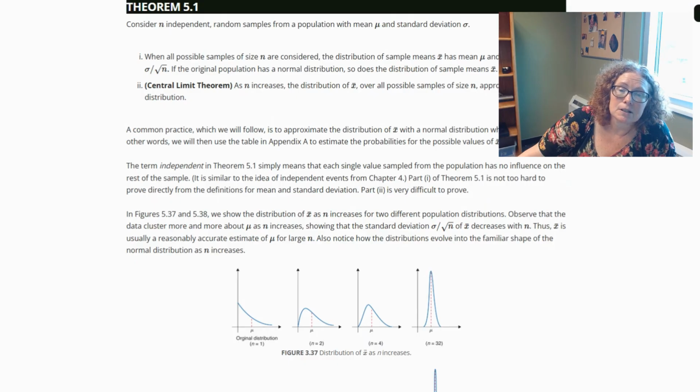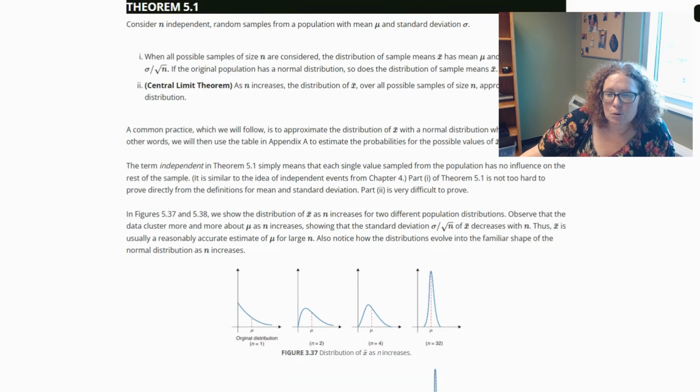That's just something to know. I'm not asking you to memorize any of that, but it's just something that's used to describe this section of confidence intervals.